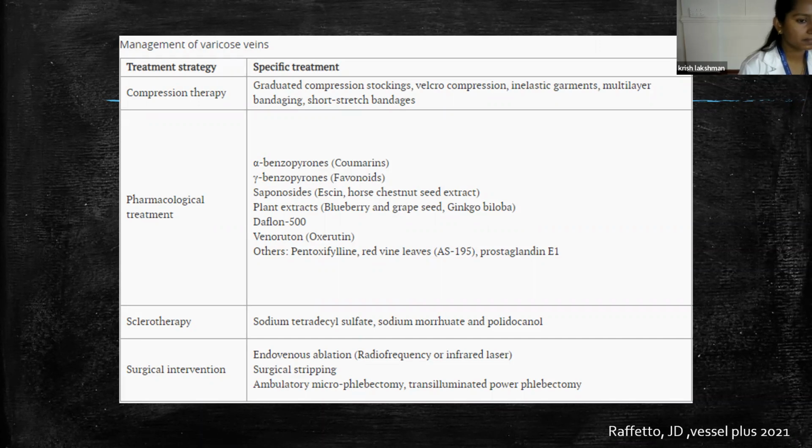Textbooks will give you a table, but it does not help you in clinical evidence-based decision making.